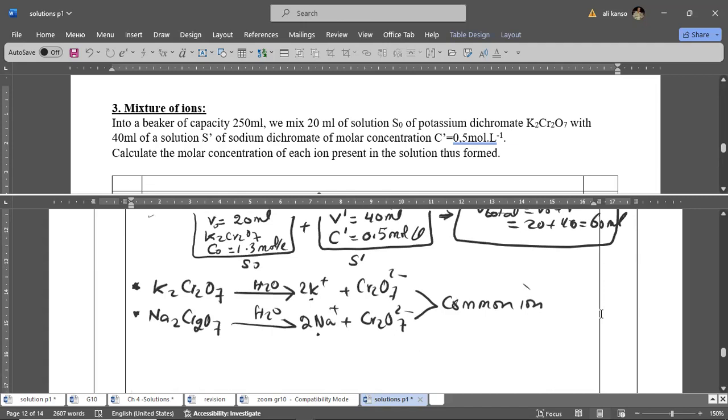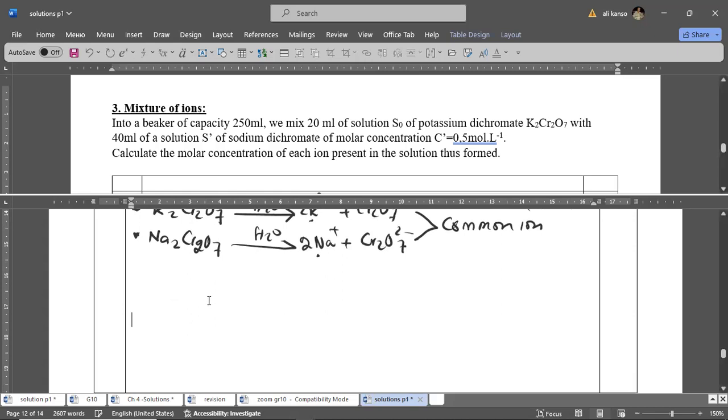First of all, let us write the title. We have to find the concentration of Na plus. The concentration of Na plus is equal to the number of moles of Na plus divided by the volume of the total mixture. Na plus exists in S prime.